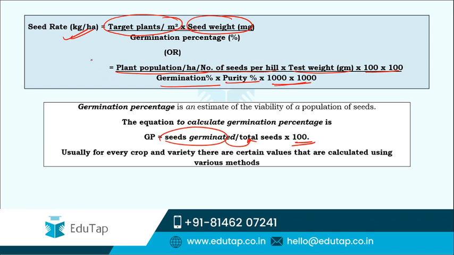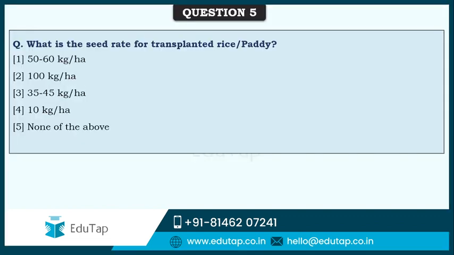This is just to convert into kg per hectare. So any of these can be used for calculating the seed rate of any crop if you have these details with you, such as germination percentage. So this is about seed rate.